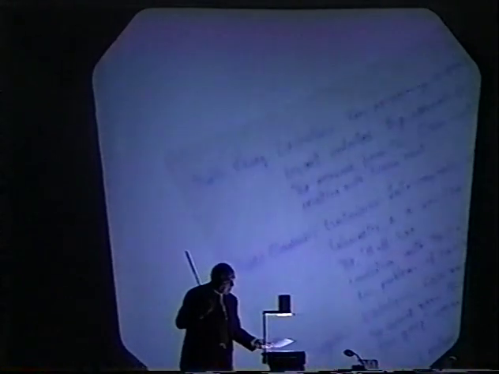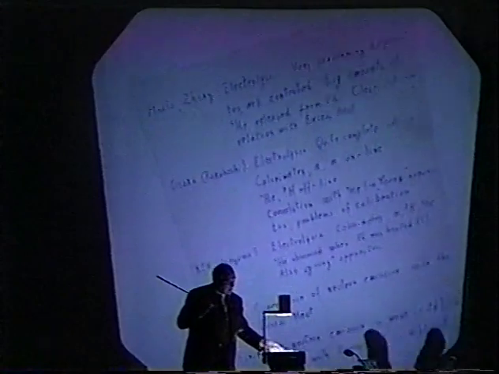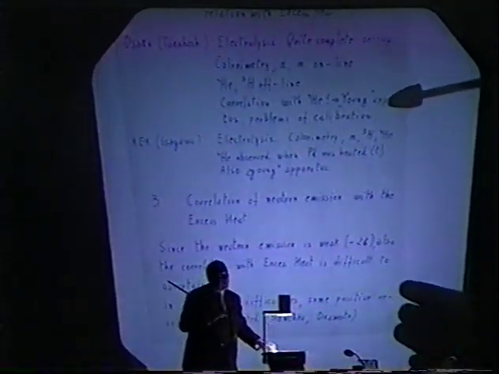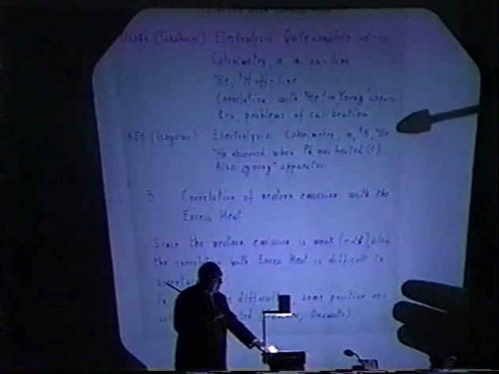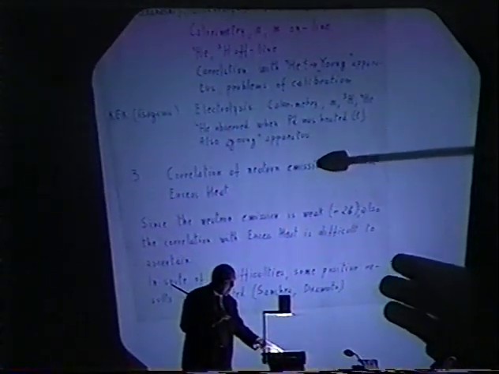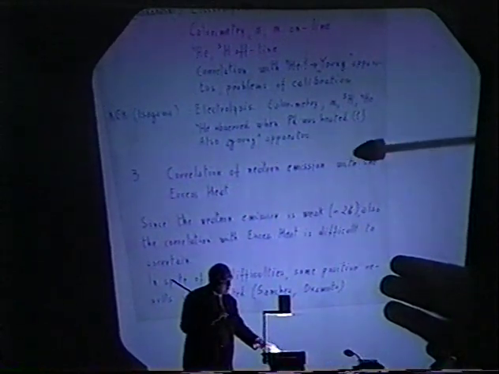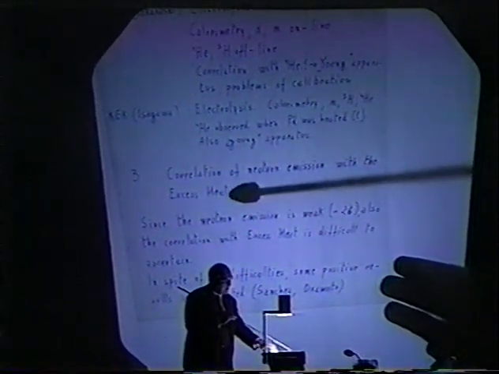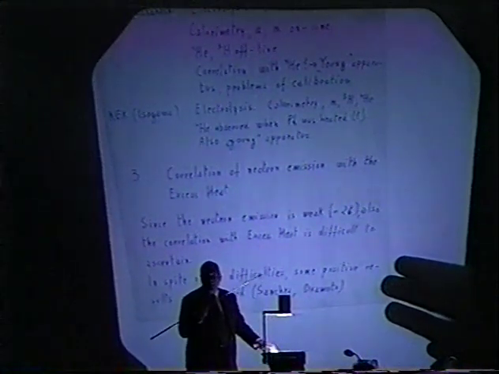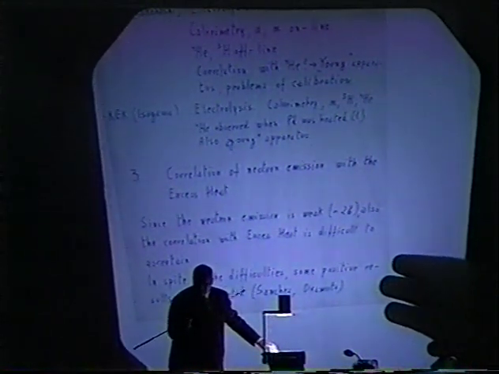Now that is, I think, convincing evidence of helium production at a rate which is expected from the heat. And so I will not say practically anything about the correlation of neutron emission with excess heat. Of course, since the neutron emission is weak, even finding a correlation is not simple.